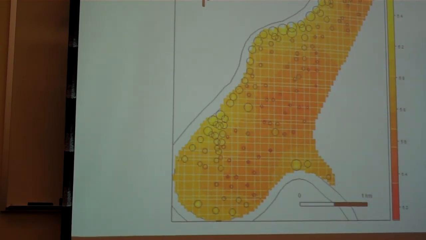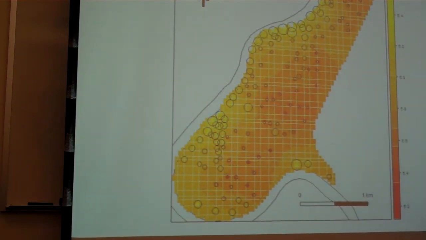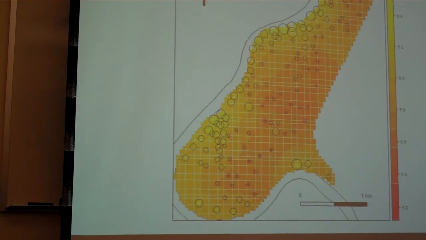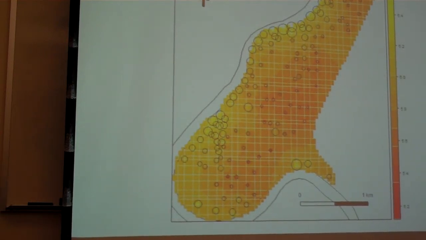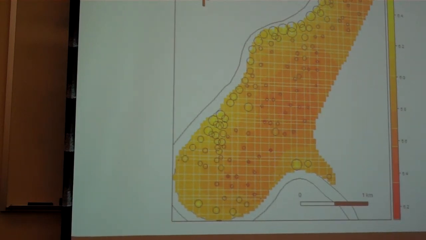White is a high prediction, red is a low prediction, and before I did the predictions I did the log transform of zinc. So I'm predicting the log concentration. There are a number of reasons why looking at logs of concentrations makes sense in terms of the way chemical reactions work and so forth.